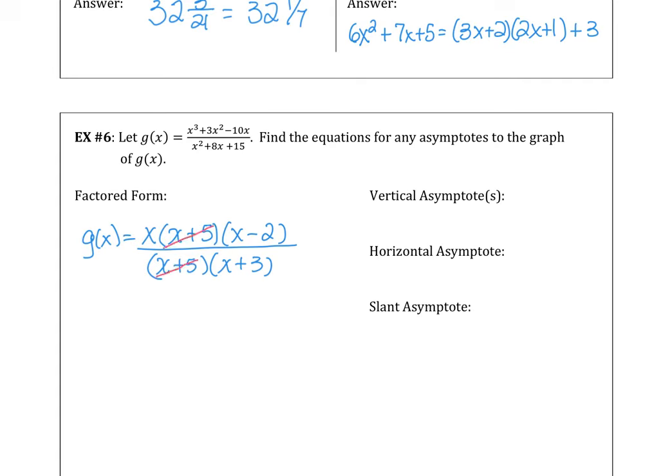Removing those common factors is going to give us a simplified factored form of x times x minus 2 divided by x plus 3. The vertical asymptote comes from the denominator. There is no horizontal asymptote, and we need to use long division for finding the slant asymptote.